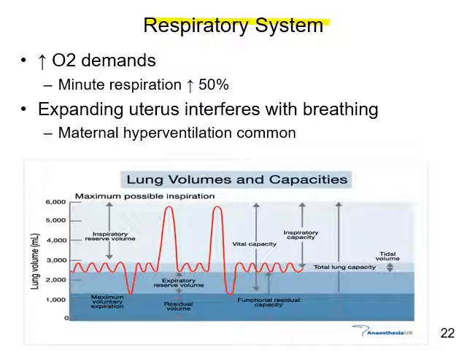So there is an increased demand for oxygen because of all of that metabolism and the need for more ATP by oxidative phosphorylation. So there is increased respiration, and there's a problem because the expanding uterus and the developing fetus actually impair the ability of the lungs to expand, and so it can cause a process of apparent hyperventilation with a woman breathing rapidly and shallowly because the woman has decreased lung capacity, lung volume.